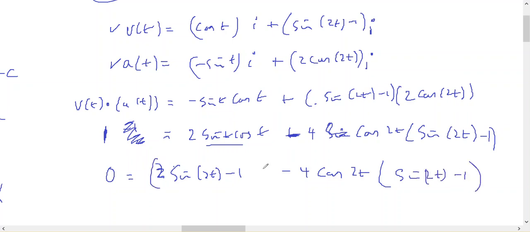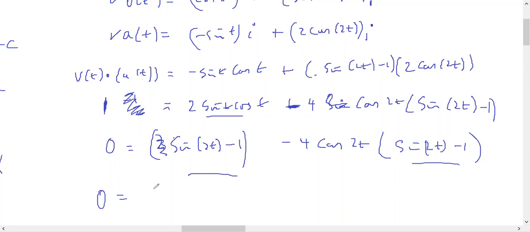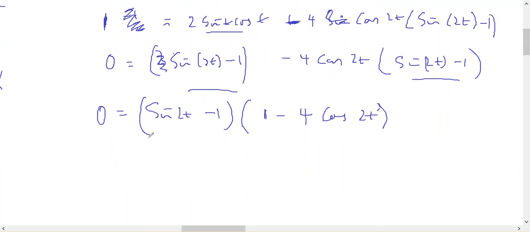I can see a common factor of sine of 2t minus 1. So 0 equals sine of 2t minus 1 times 1 minus 4 cos of 2t. And the null factor law tells me that sine of 2t minus 1 equals 0.